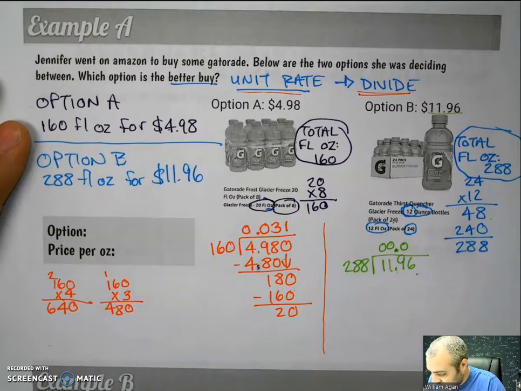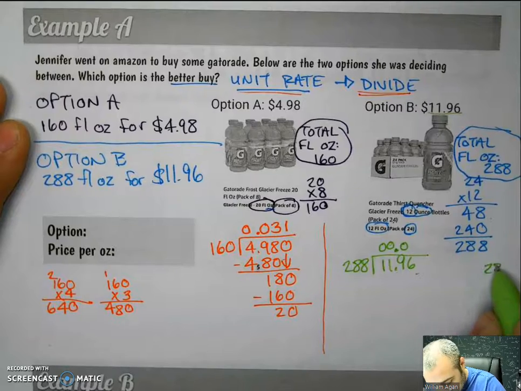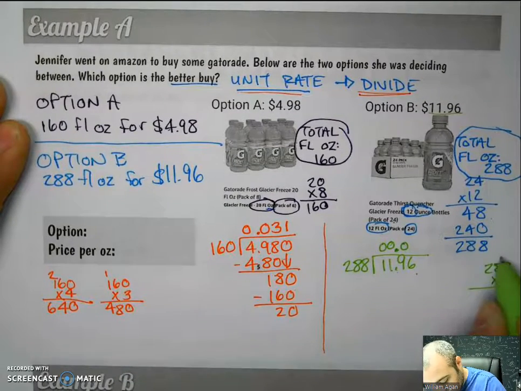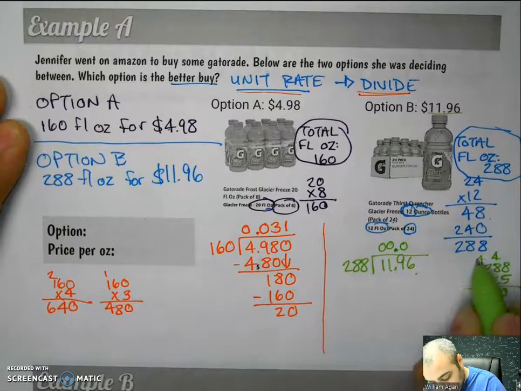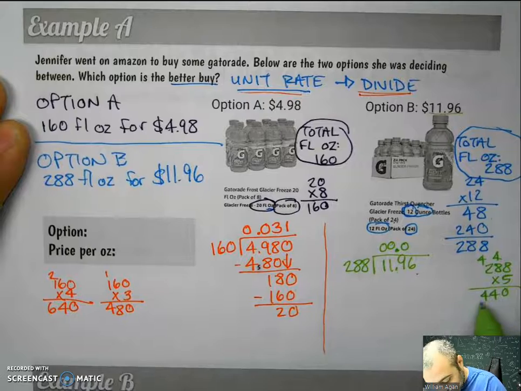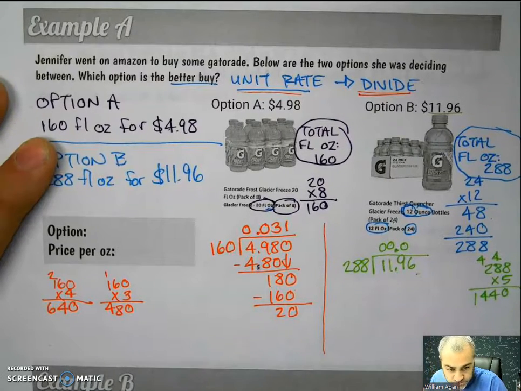Usually I start with 5. Let's go ahead and try that. 288 times 5. 8 times 5 is 40. 8 times 5 again is 40, plus 4 is 44. And 5 times 2 is 10, plus 4 is 14. Ooh, that's so close, but it's too much.